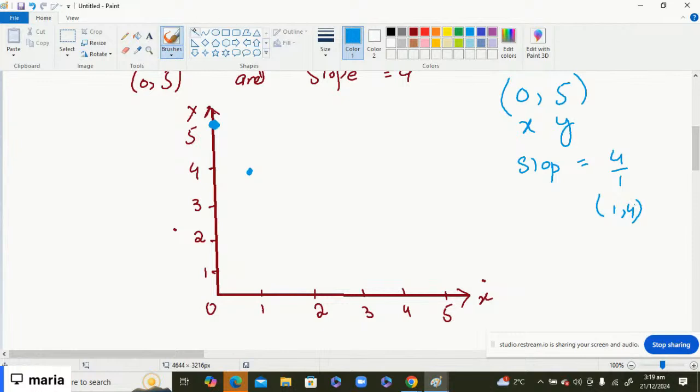So these are the 2 points, and when we match them, this point is (0, 5) and this point is (1, 4). Those are the 2 points which we matched.